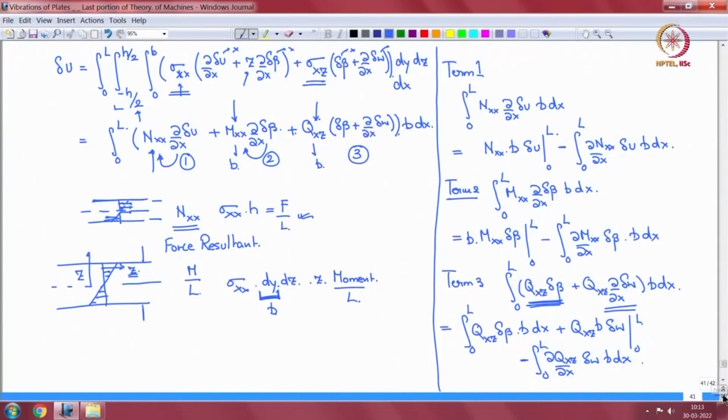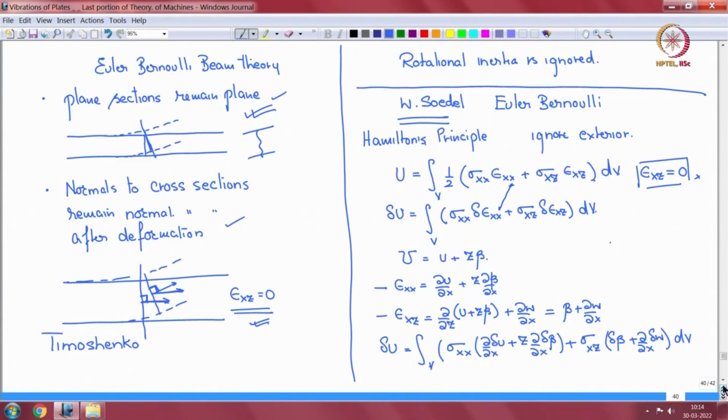Good morning and welcome to this next lecture on vibrations of plates and shells. Last time we were deriving the Euler-Bernoulli beam equation using Hamilton's law, and in particular I was doing it in the way that Soedel does in the book.